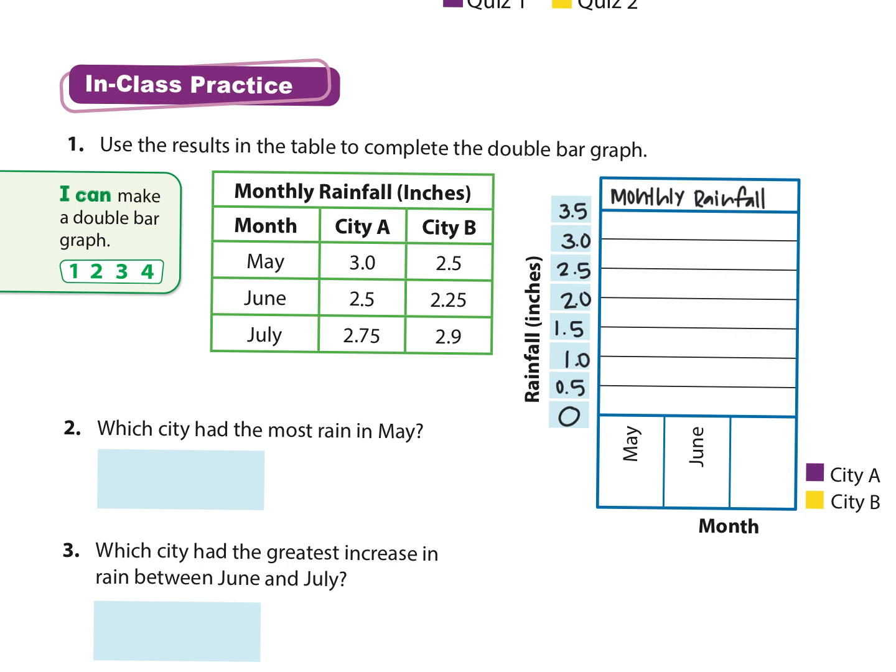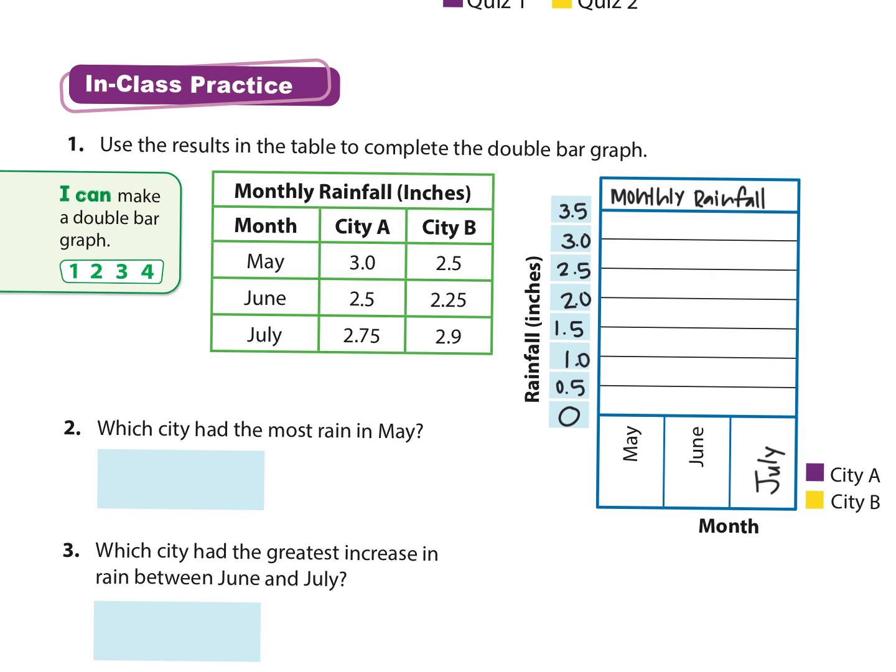You have to put it in inches so they know what the numbers mean. So it's already labeled for me. It says rainfall in inches here. So I know that these are representing inches, but is there anything else that I'm missing in my graph? Oh, you have to add July. Yes.